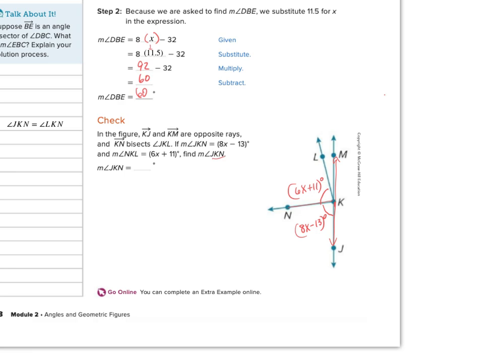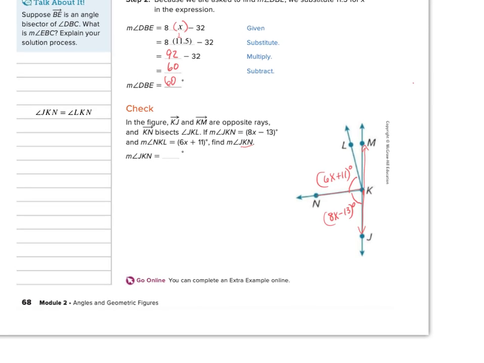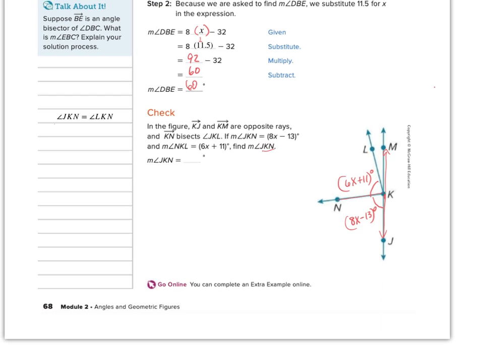So hopefully you remember that, again, if things bisect, it means they're equal. So again, I know that the measurement of JKN is equal to the measurement of LKN.